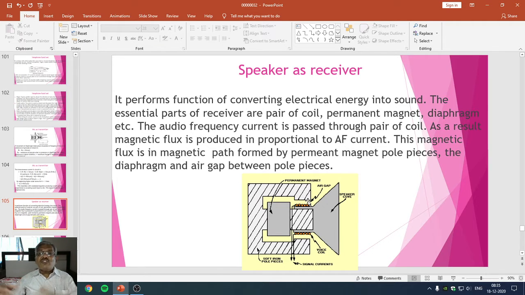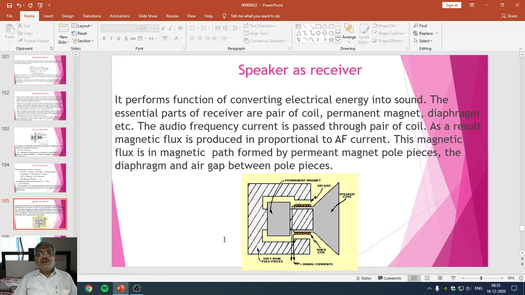And that cone structure possesses the diaphragm. In between the diaphragm and pole pieces, the air gap is present. Such a device we call the speaker.